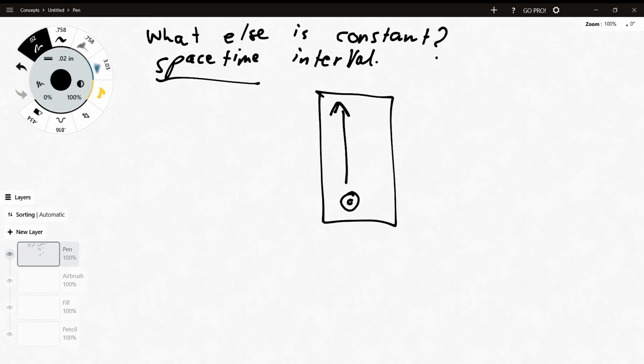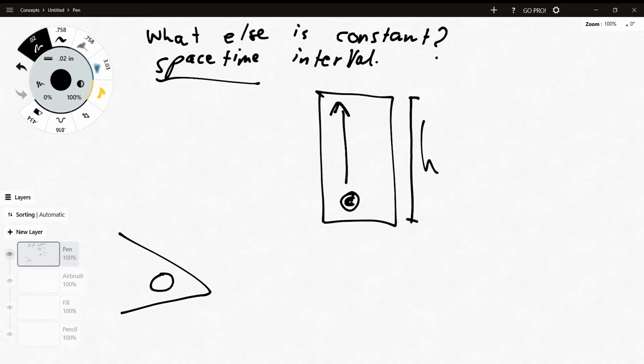So this is a photon moving at speed c, and the box is of fixed height h. You're traveling in a rocket. This is rocket A, and you're moving with a velocity of VA.